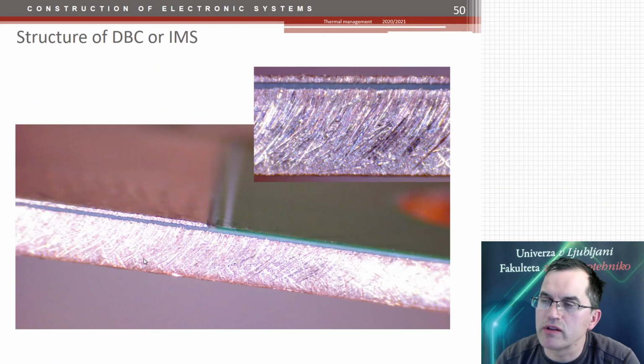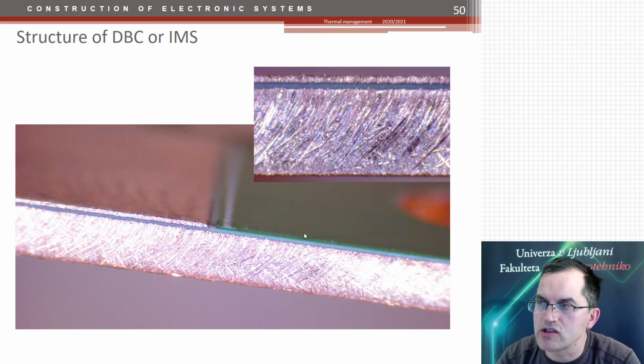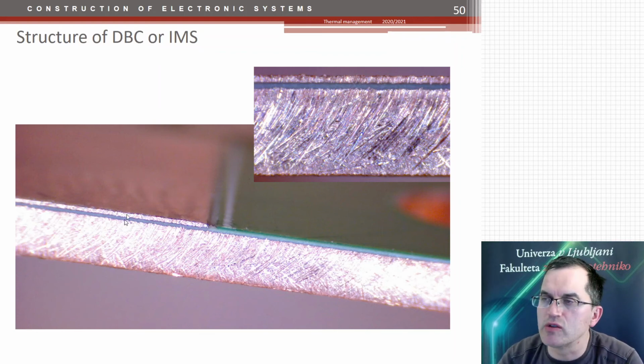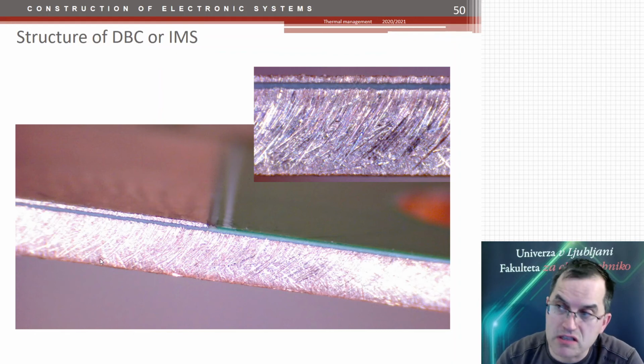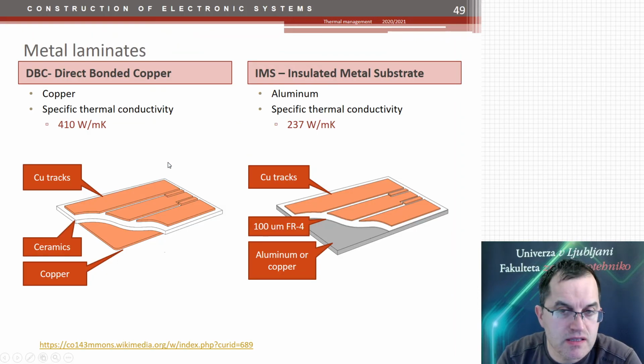So this is how the IMS or DBC looks like. We have copper on top, a thin insulation layer, and a big copper clad in the bottom. And this would then provide a really good thermal conductivity towards, let's say, the heatsink. But people still, most of the time, if it is possible, don't use these laminates because they are expensive.